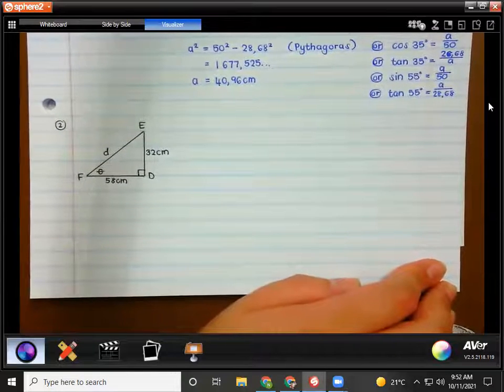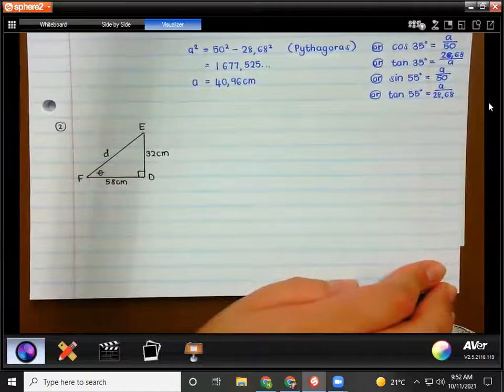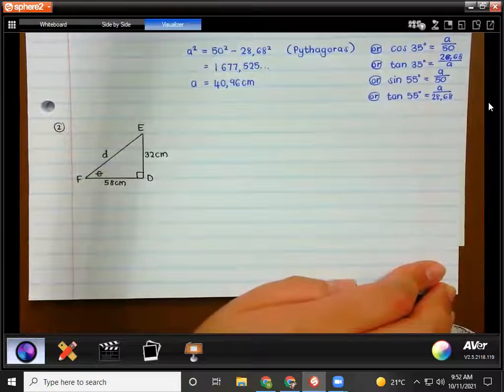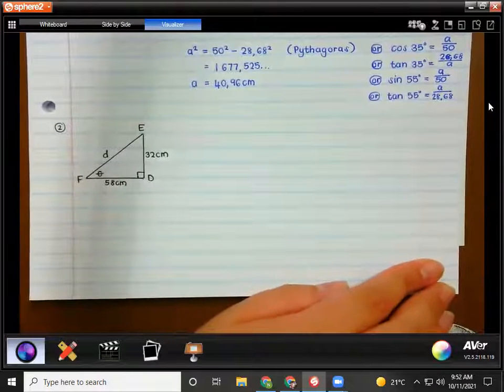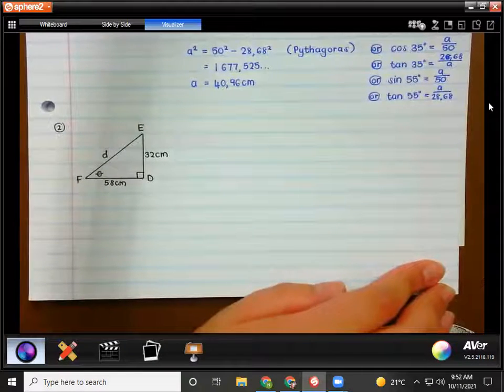It's a right angle triangle. They've given us 2 of the 3 sides, so you can find that third one using Pythag. Do that on your own, please. Find d, which is the same as EF.